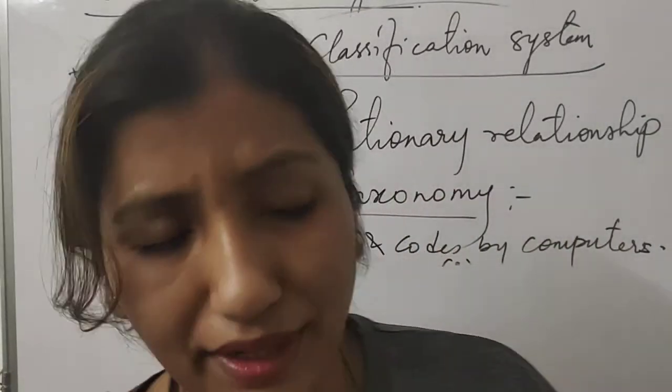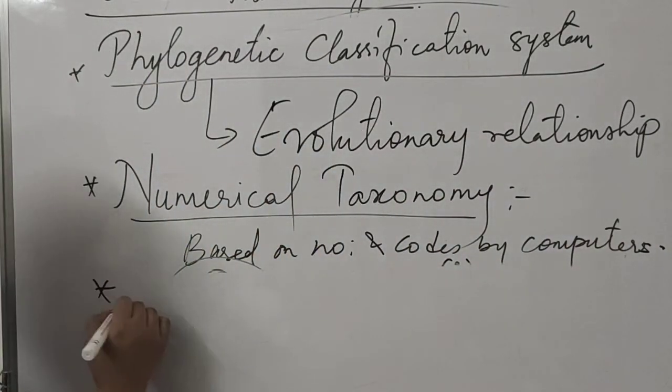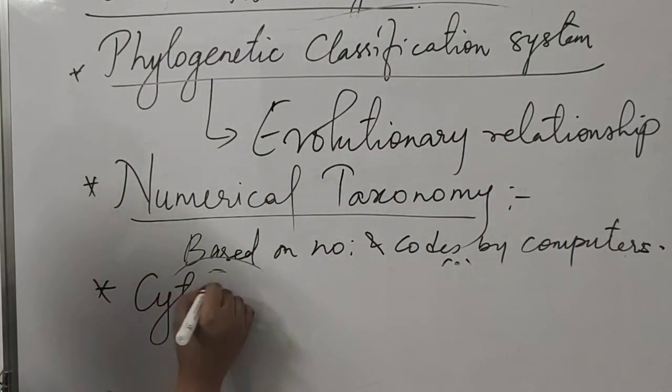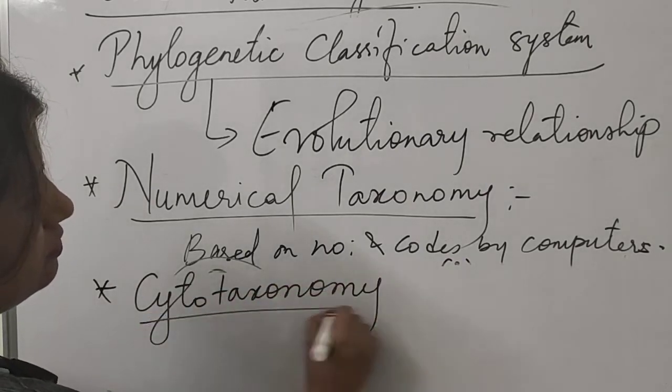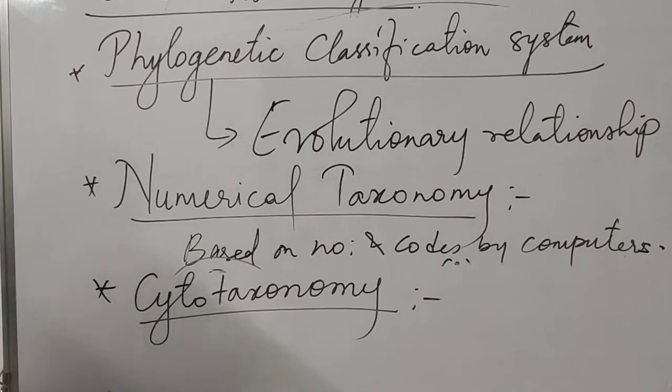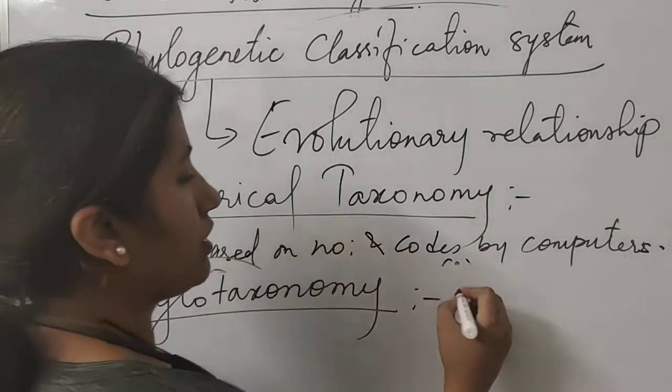Next is cytotaxonomy. Cytotaxonomy is based on chromosome number, structure and behavior.